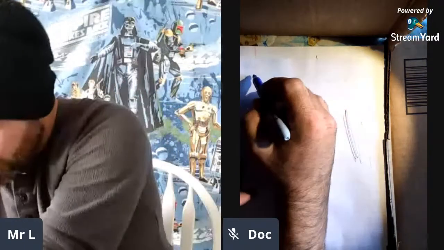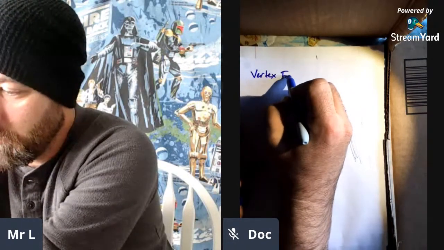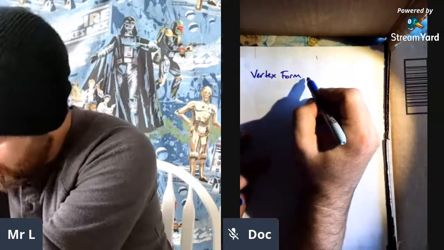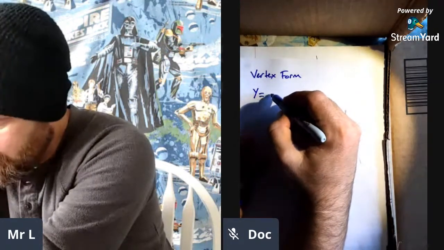Now, there is one other way quadratic equations are written, and that is using vertex form. Vertex form, and I'll write this here because I didn't pre-write it. Looks like this.